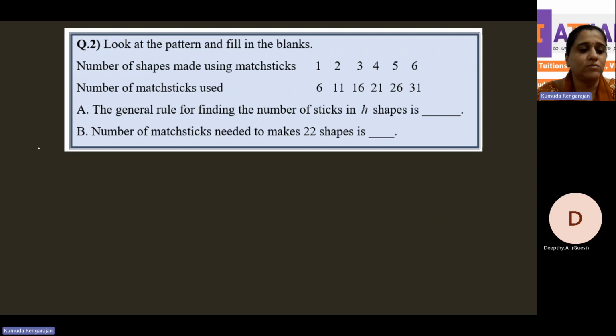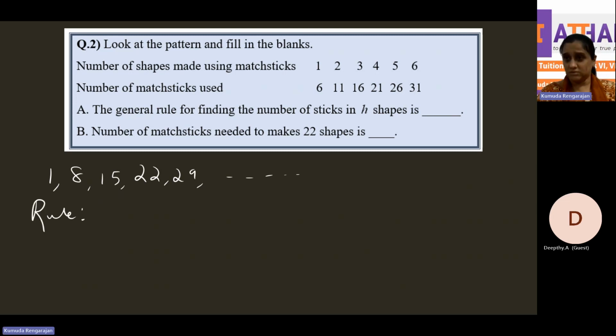Okay, try one more. Yeah, what's your doubt? If they ask a different pattern, they think that you made one pattern, then after 8 they have gone to 18, and then it's a different pattern.